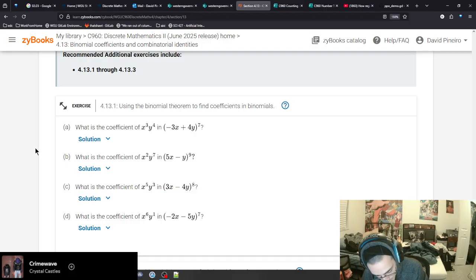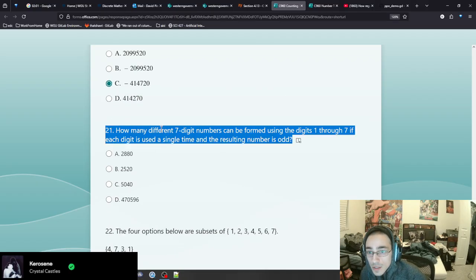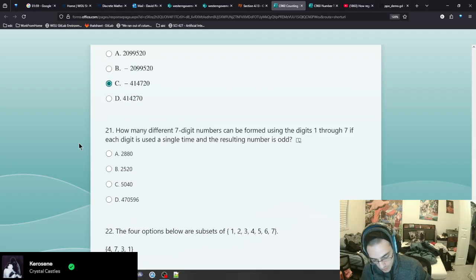Bro, the combinatoric, dude. I didn't even do it. Alright, so I got this times the combinatoric, 10 choose 3. I thought I had that correct. I did not memorize that formula correctly. I can't forget the combinatoric.